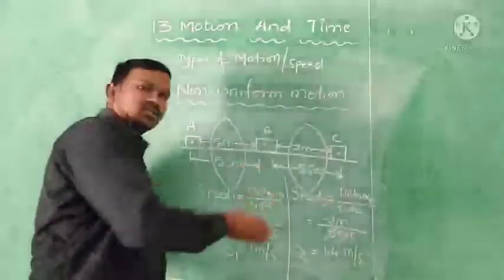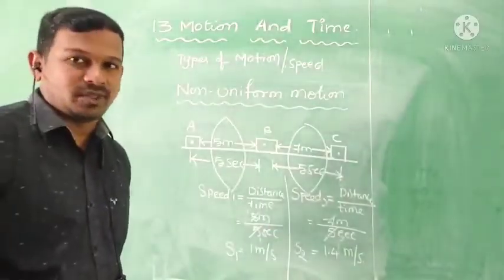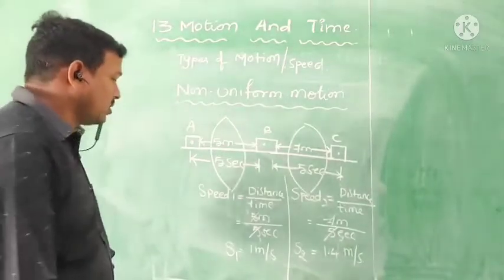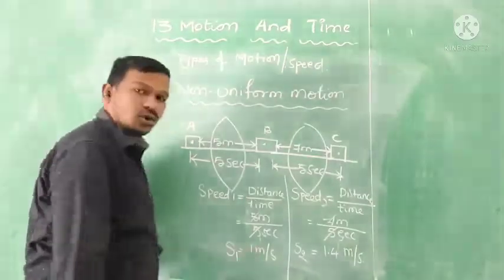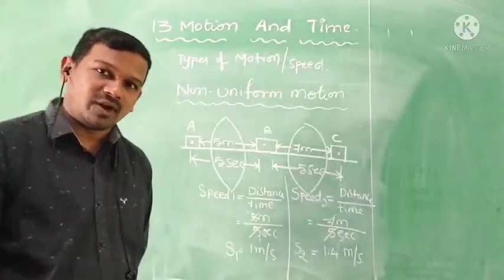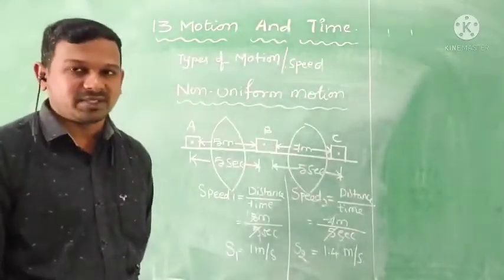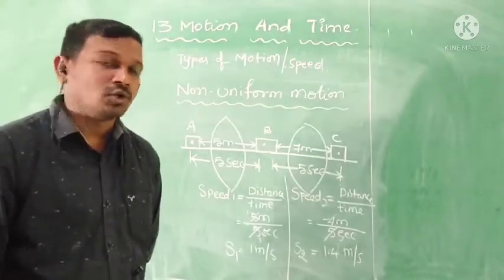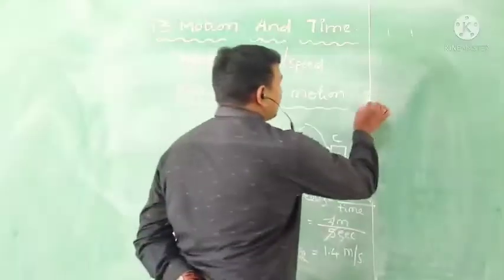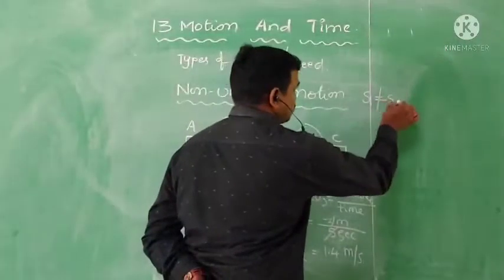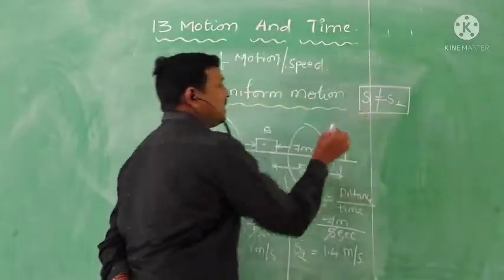Are the situations maintaining the same speed? No, they are not maintaining the same speed. In situation 1 it is going with 1 meter per second. In situation 2 it is going with 1.4 meter per second. They are not equal. So we can write the equation S1 is not equal to S2.